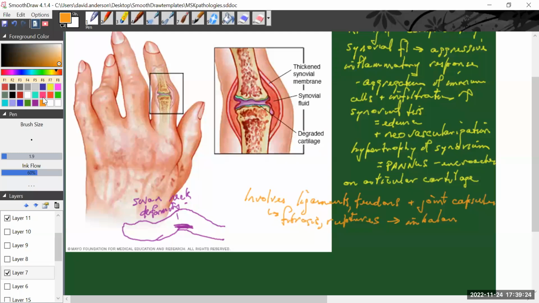So that's kind of classic of what a rheumatoid hand looks like. Remember what we said with somebody with osteo was that the distal phalangeal joints swell. But in someone with rheumatoid, it's more likely to be the proximal joints. And if we tear tendons and ligaments, we get these deformities as a result.